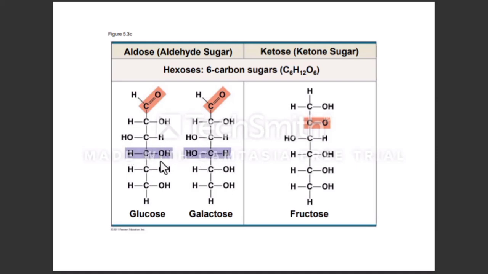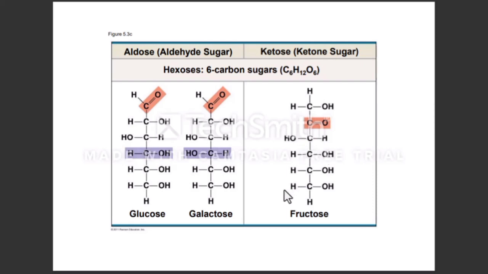So as you see, the difference is at the level of this third hydroxyl group, which for glucose is found at the left and at the right, and for galactose is found at the left. Then fructose is almost the same, just that for fructose now you have a different functional group, which is a ketone functional group. So fructose falls under ketose sugars.